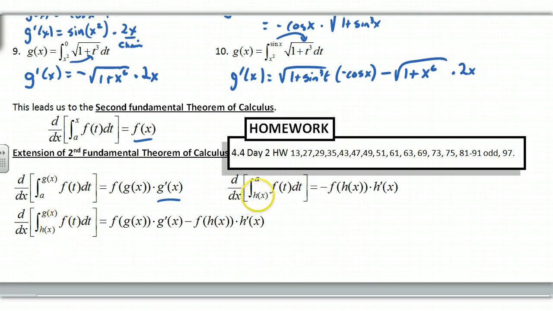If the function is in the lower limit, I'm going to have to subtract off what we do. So we just plug in h of x into the f function and then chain off by the h of x. If I have both top and lower, then I do both of them. Plug in the top, plug in the bottom.